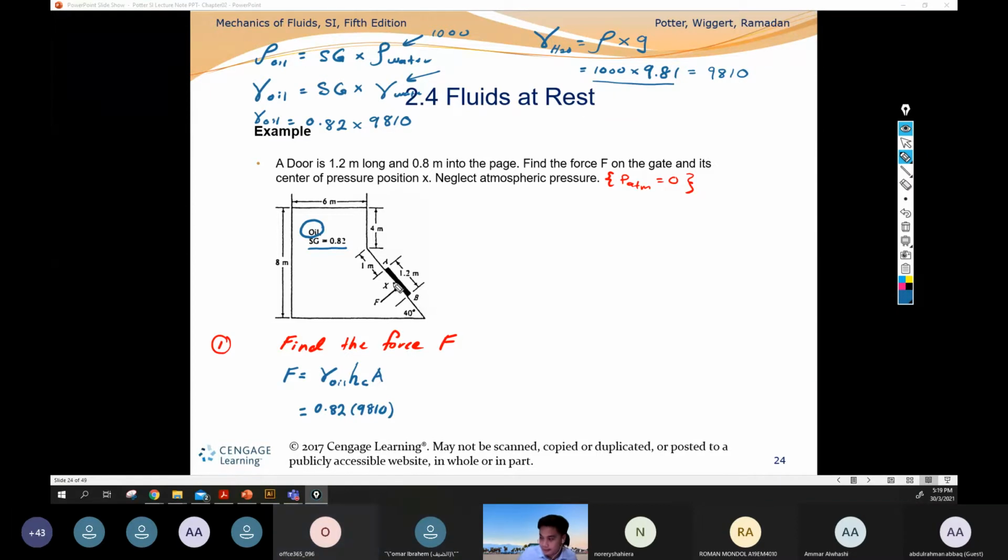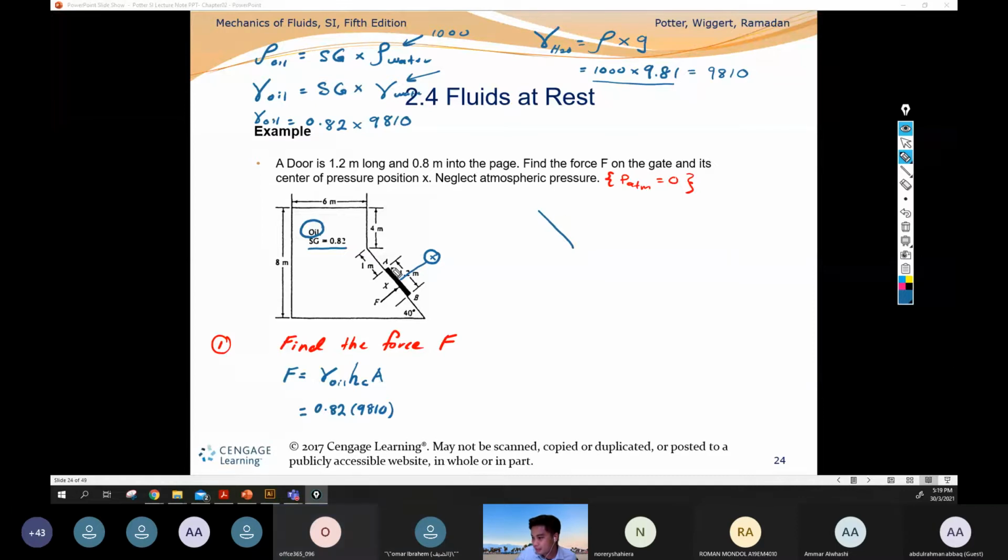0.6 at the middle, right? This is the centroid. So 0.6 plus 1 is the slanting length. I want the H. How to get the H? Pythagorean theorem. Okay, good.